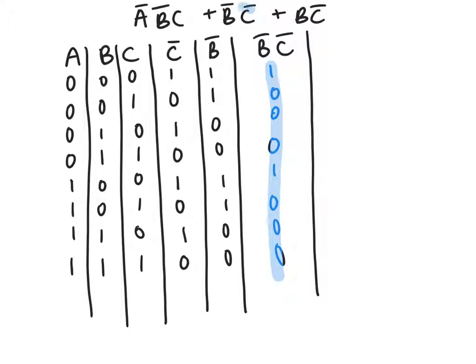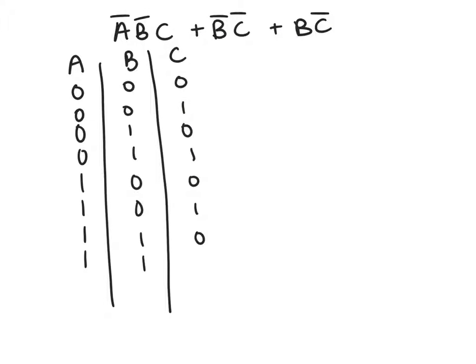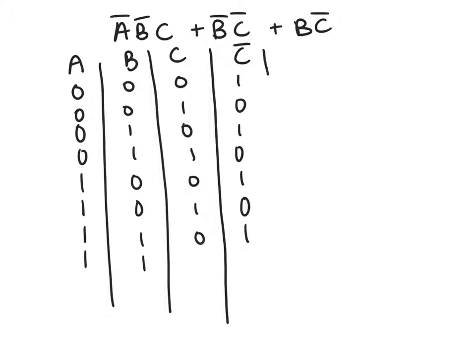This set of values corresponds with the second term in our expression, which we're then going to put together with the third and the first to see how many different values for A, B, and C make the full expression true. Now we're going to find values for our final term, B and not C. We already have a table drawn in for A, B, and C, and one in for not C as well.